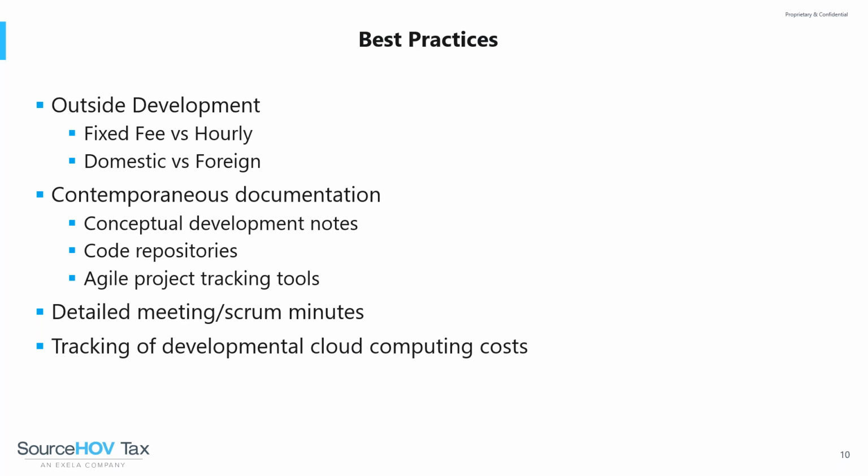Other simple things that you could put into place might be taking meeting minutes and Scrum minutes, and obviously tracking developmental cloud computing costs, which is another area where record keeping kind of suffers.